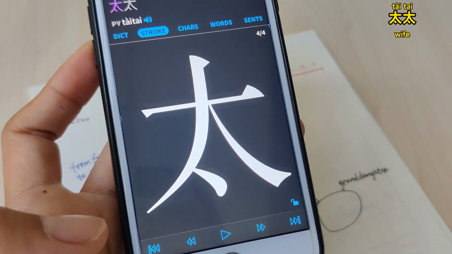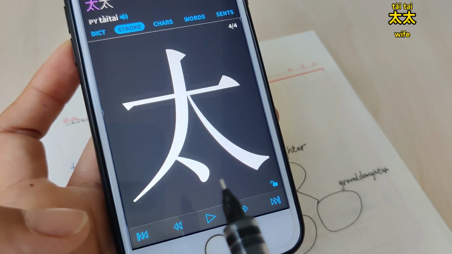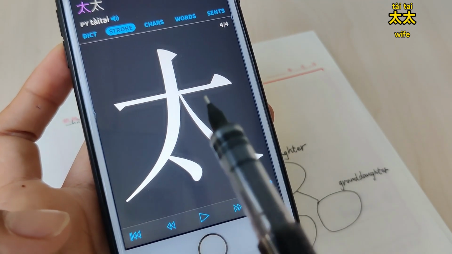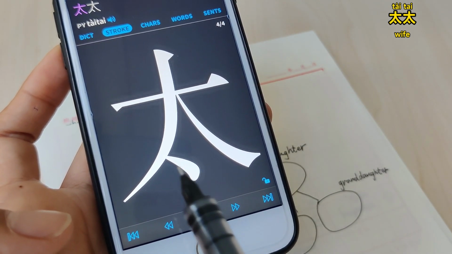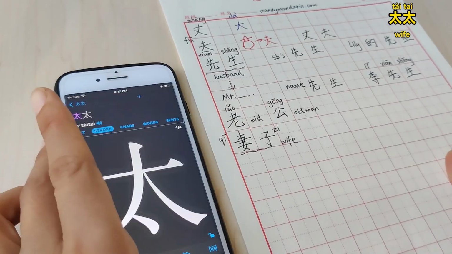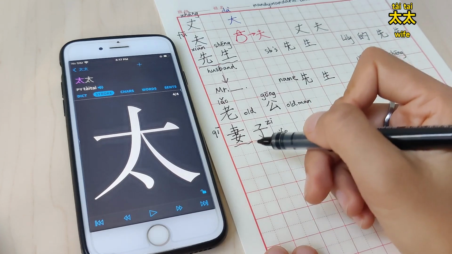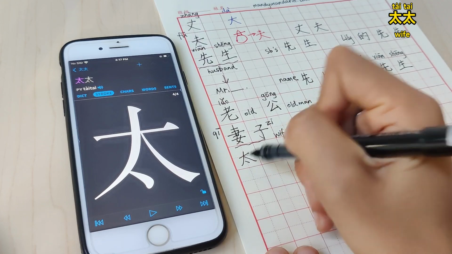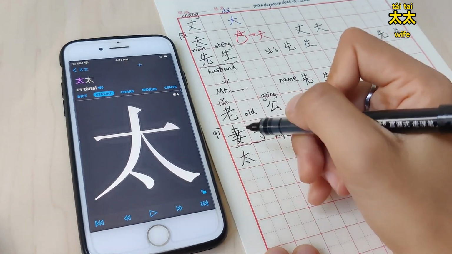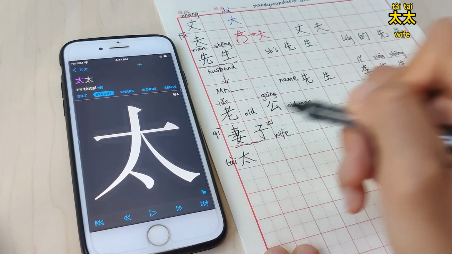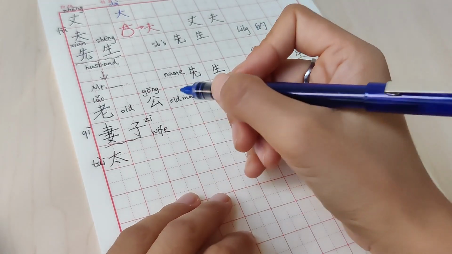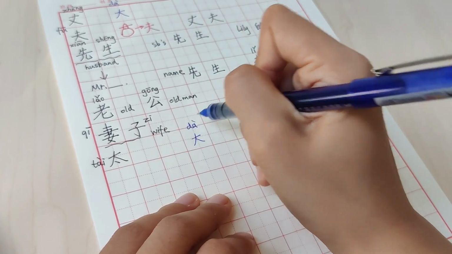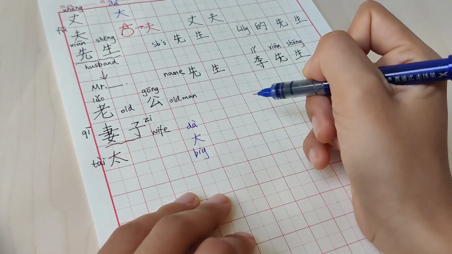This is how we write the 太. Okay, it looks familiar. Yeah, it's a 大 character with an extra dot underneath. Okay, let's put it here. So we go 1, 2, 3, and a dot. This is 太. 3 similar words. We have 大 for big.